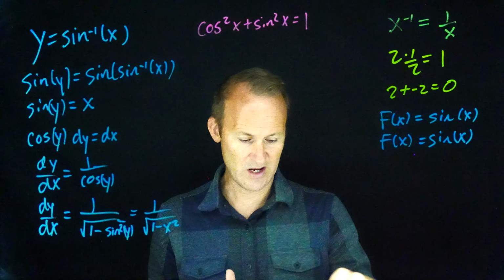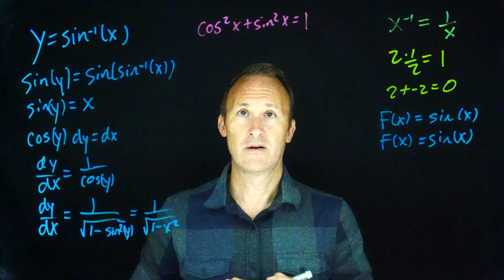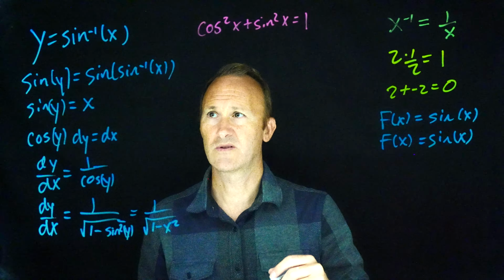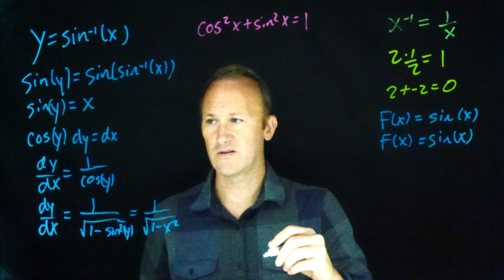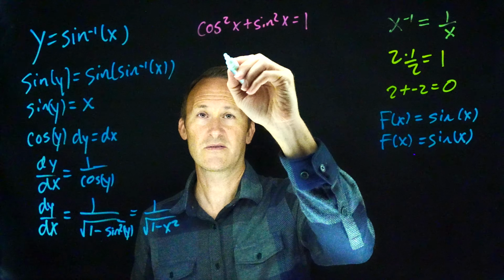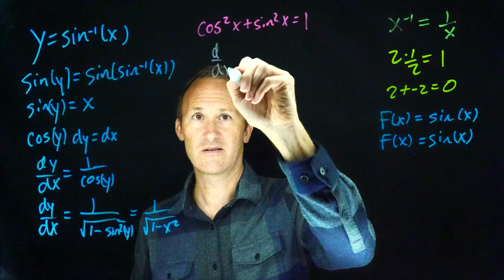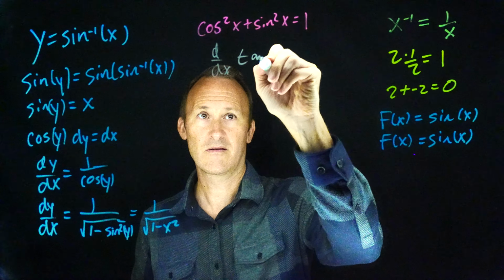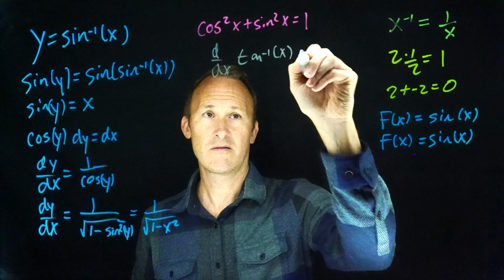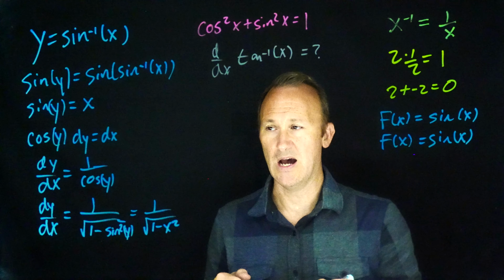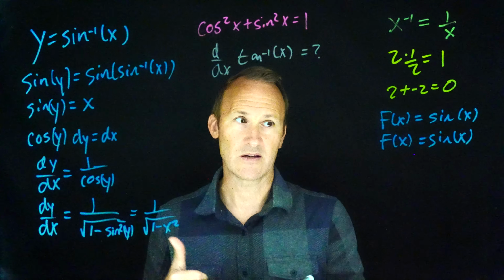Now let's do a different one that's similar, just for practice. So this is a nice one. How do we find the derivative of tangent inverse of x? Okay, so what's d dx tan inverse of x? What we can do is apply sort of the same technique.